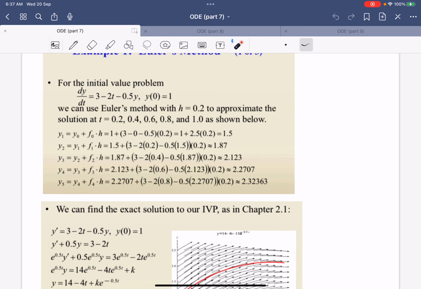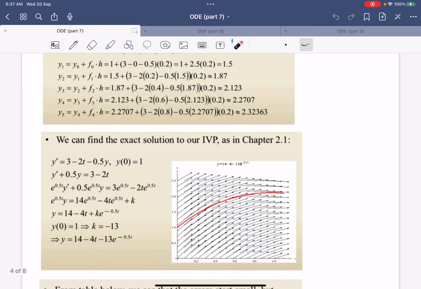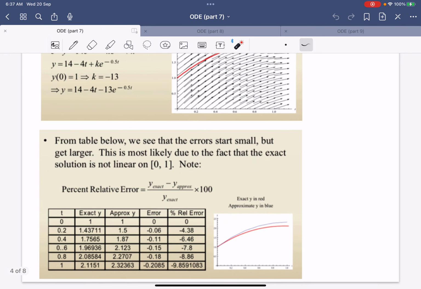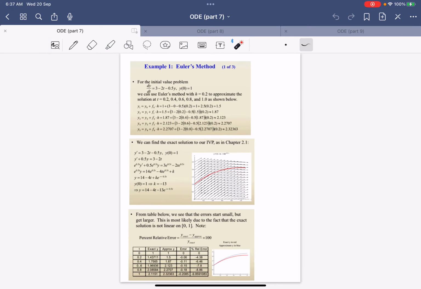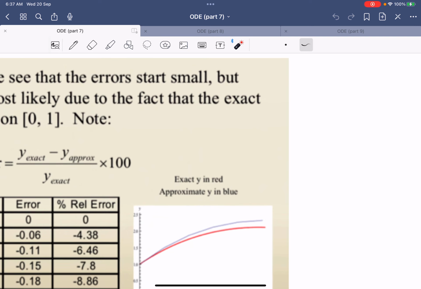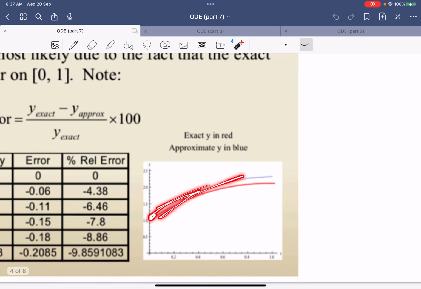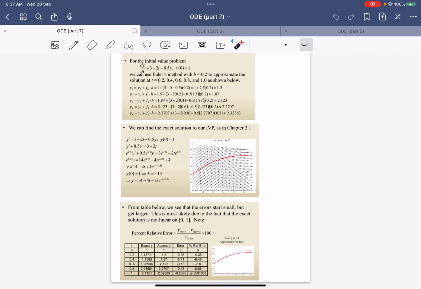But we can also find the exact solution because we can use the integrating factor, and if you solve it out, you notice that the error within each answer increases in percentage. That means, as I showed you earlier with the graph, the closer you are to the initial point, the better your approximation, because the error is smaller.